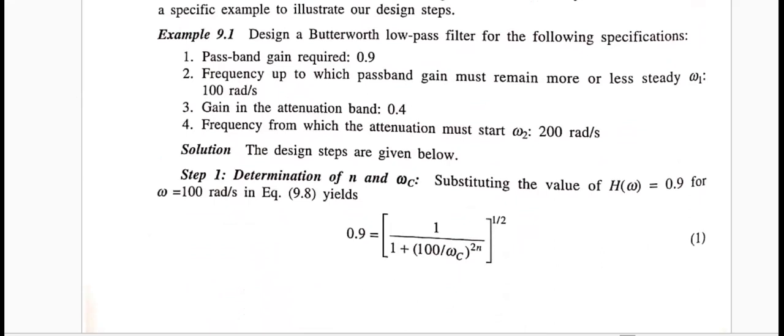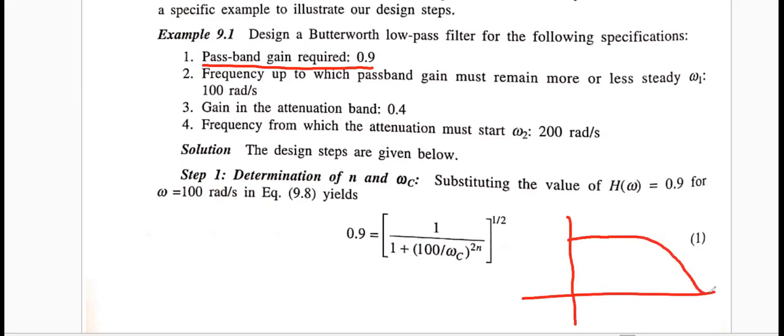The previous section is for the generalized case, and now this is for a particular example. Design a Butterworth low pass filter for the following specification. Passband gain has been given. If I draw the Butterworth filter like this, this is the passband gain.